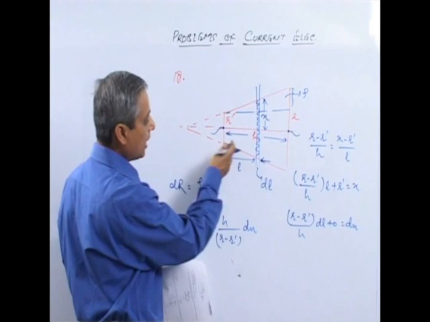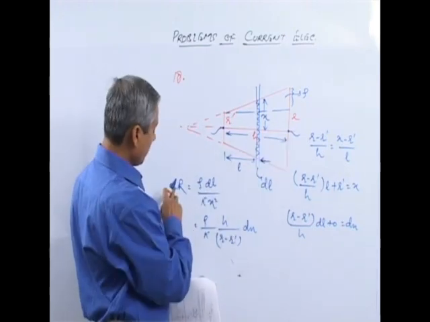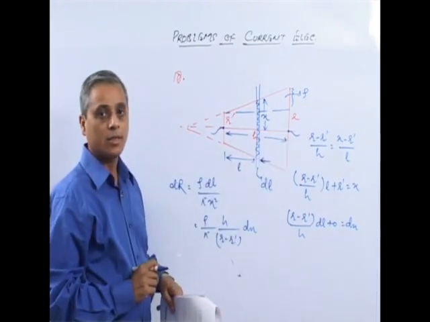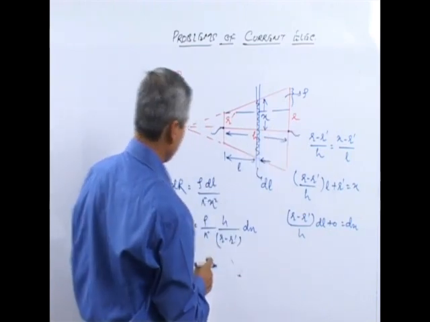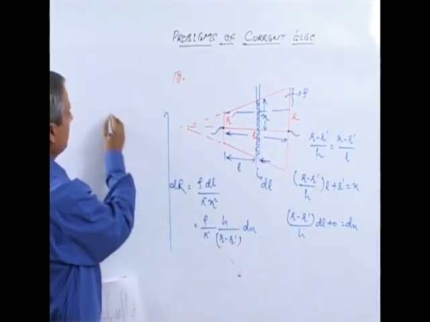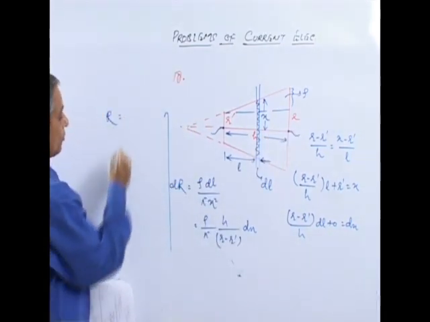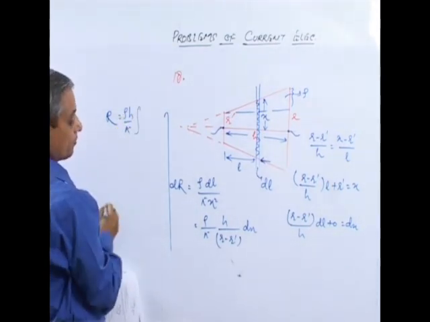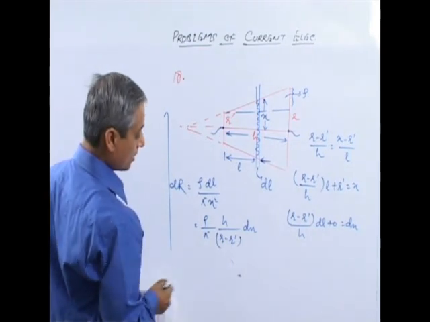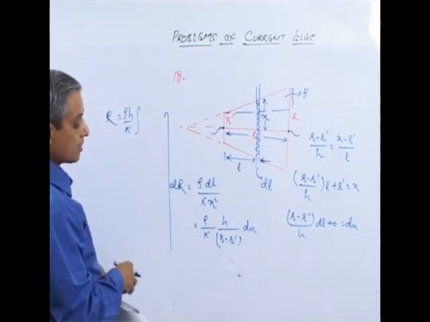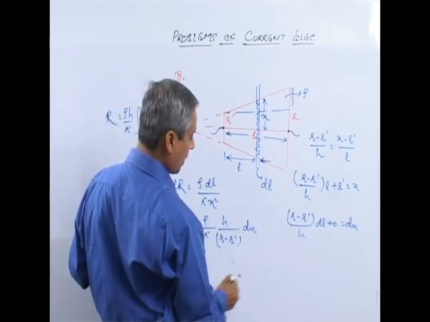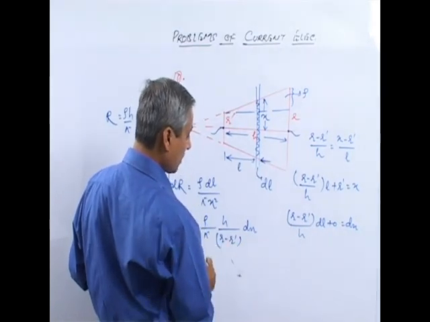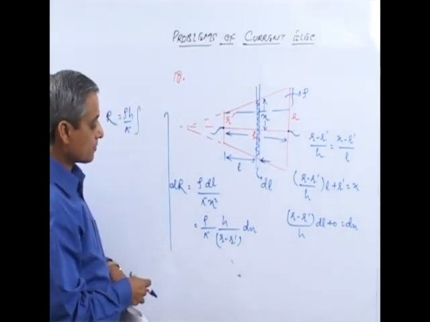Now since all the elements are in series, you just integrate this dR to give you the entire resistance. So total resistance R will become R is equal to rho h by pi integral of dx, and that multiplied by h by r minus r dash.